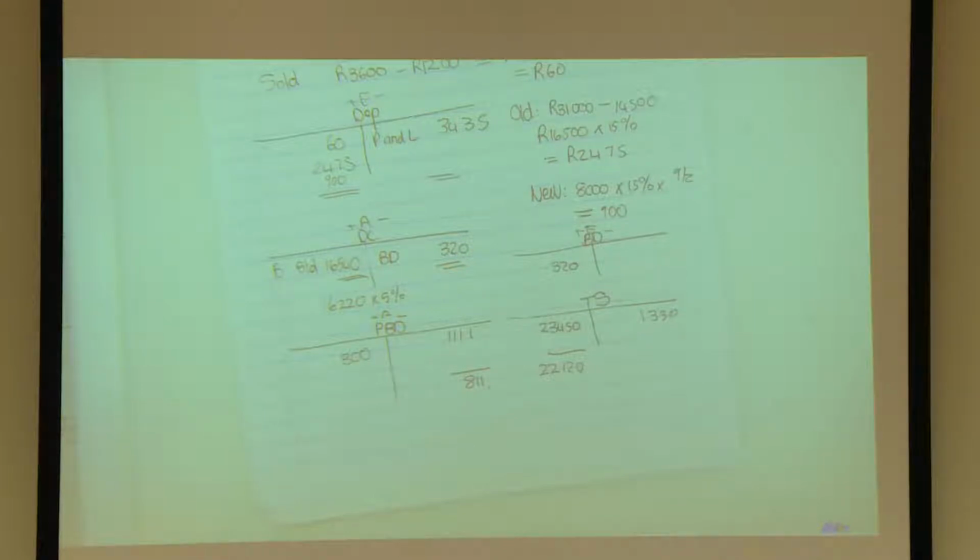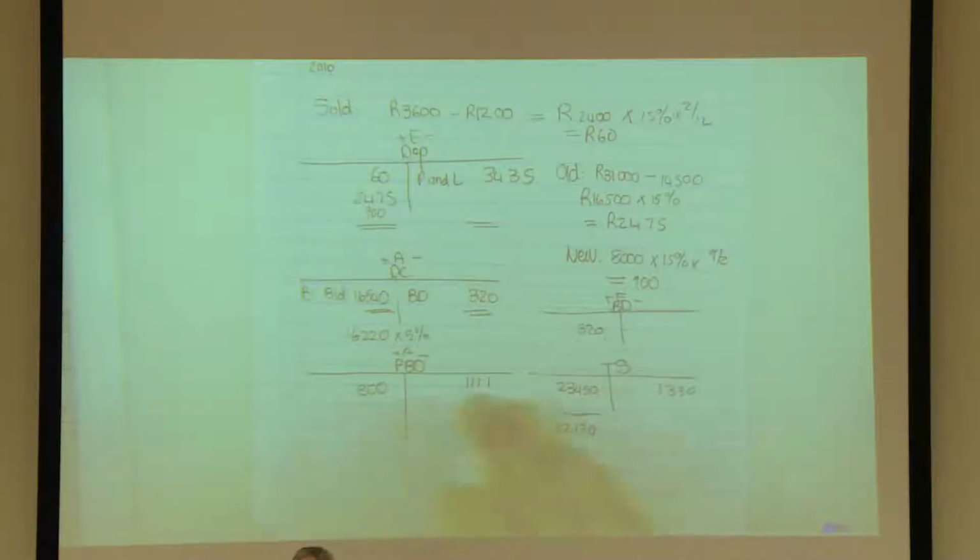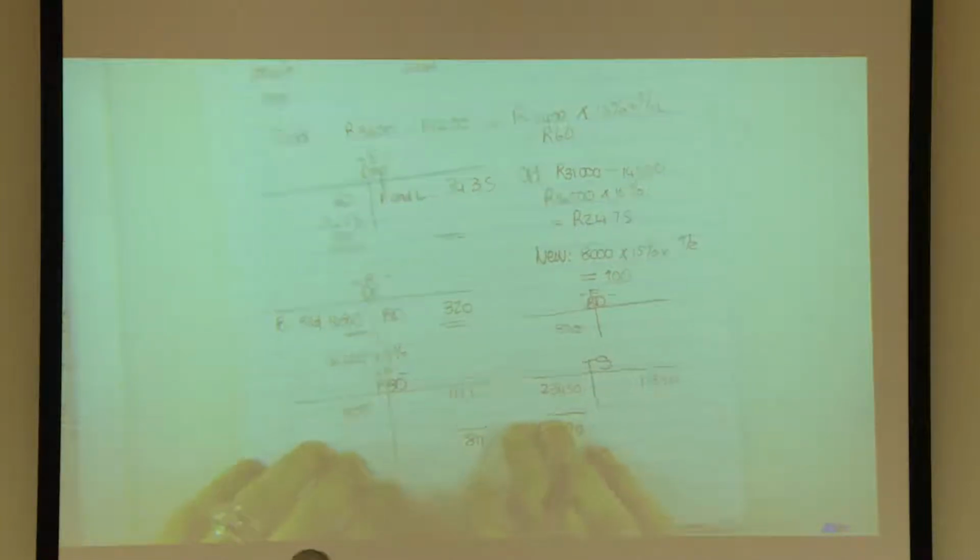Next one, interest. Interest on loan must be taken into account at 12% per annum. Note that the 5,000 of the loan is paid on the 1st of September each year. So this means that I cannot take the amount from the pre-adjustment and just calculate it for 1 year. Why?